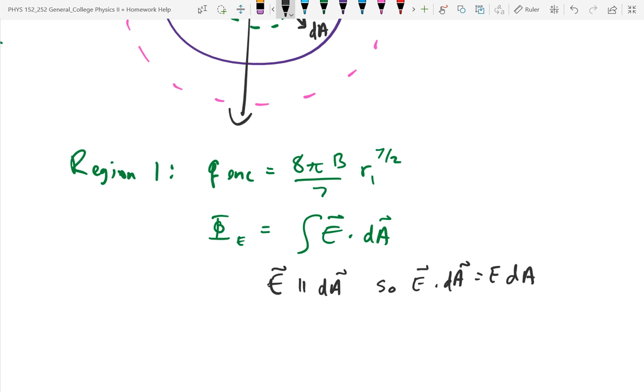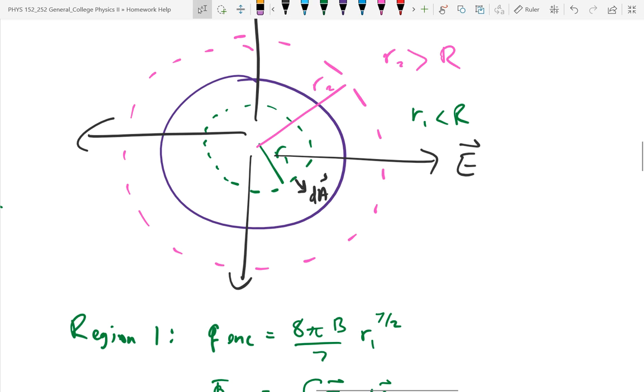But then the next step: the electric field is only possible to depend on the distance away from the center because you have spherical symmetry. It doesn't matter what angle you look at a ball from, it's going to look the same, right? So your position around it doesn't matter.